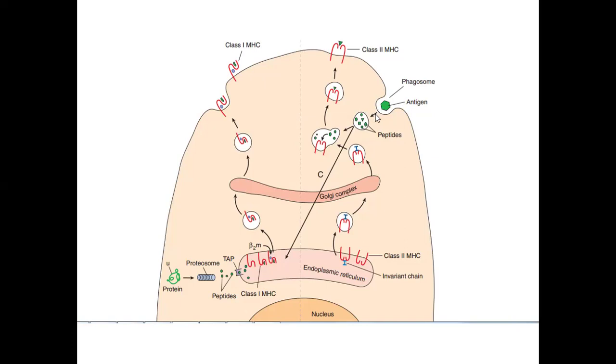Okay, so it catches it, makes a phagosome and destroys it, and takes its main antigens, its epitopes. The antigen presenting cell also creates MHC molecules, and puts epitopes of the new antigen into the MHC second molecules, and then puts MHC second with the new epitopes on its surface.